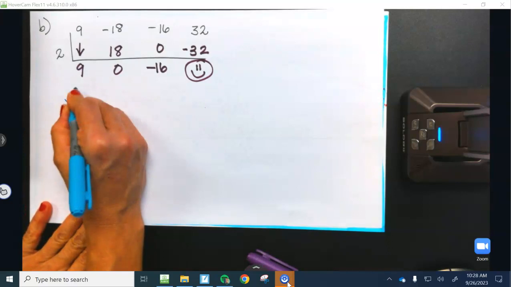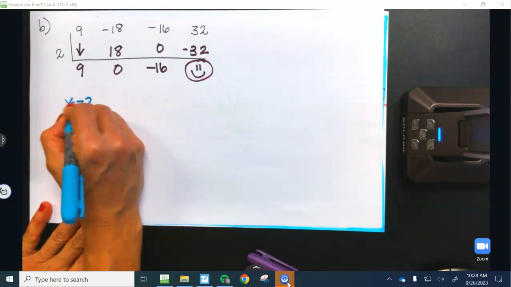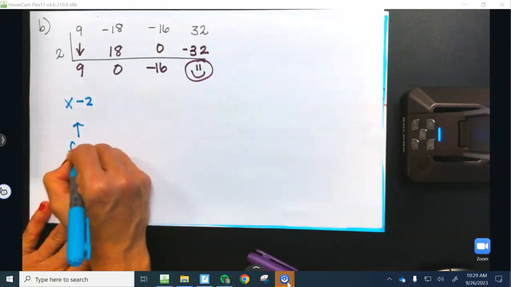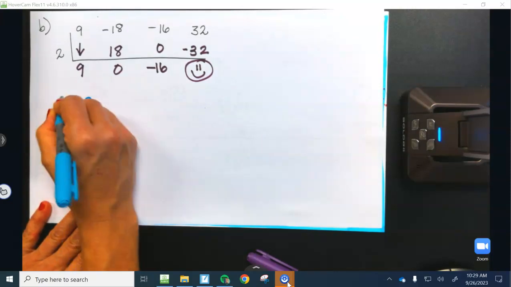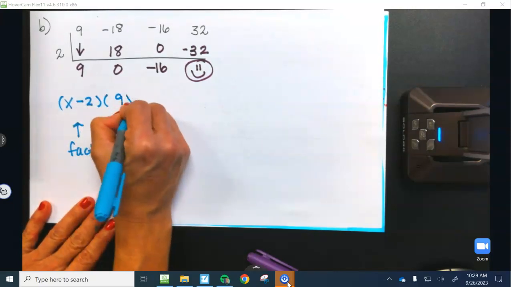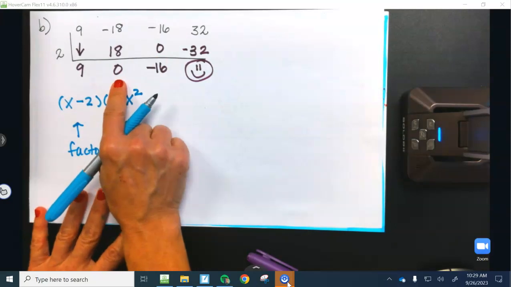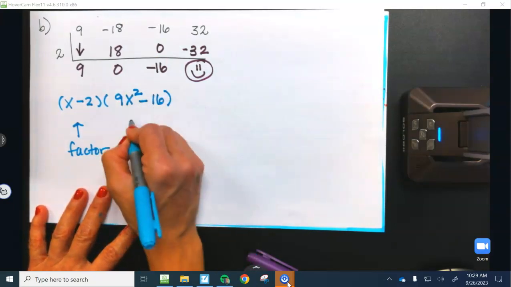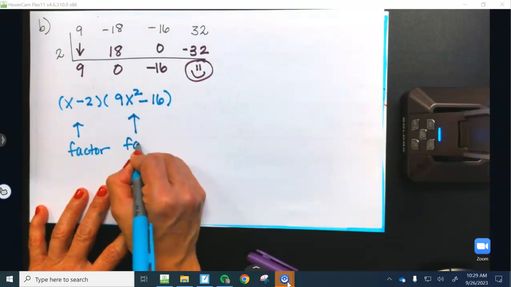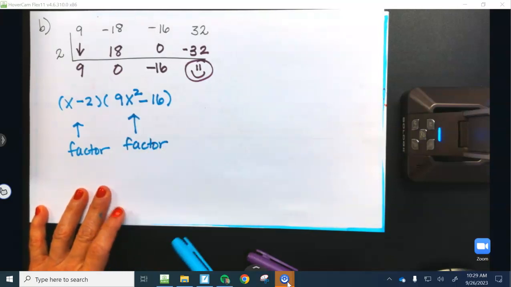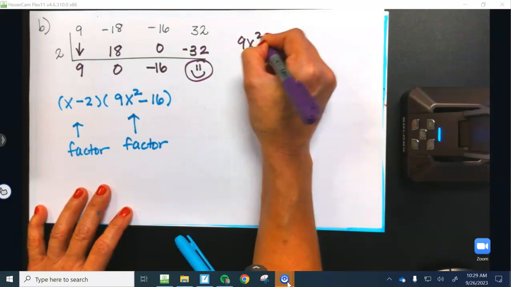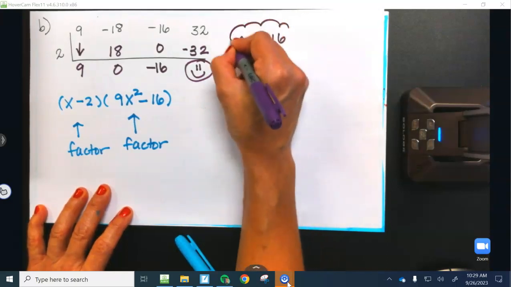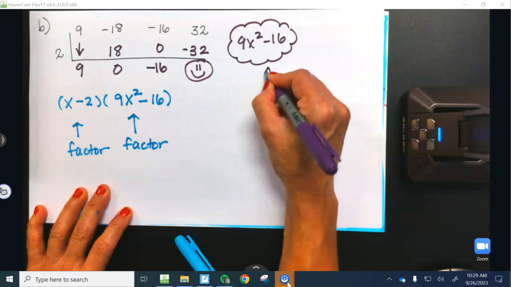So we know x minus 2 is a factor. We know 9x squared, there's no linear term, so it's just 9x squared minus 16 is a factor. We also know that 9x squared minus 16 is the quotient.